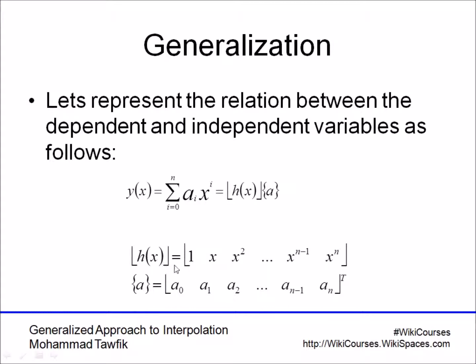You can see here h can extend to whatever extent you want. If you truncate after the second term, then you're using a linear interpolation. If you use the third term, it's a parabola. The fourth term, it's a cubic interpolation, and so on. And the coefficients will go with them in the same way.